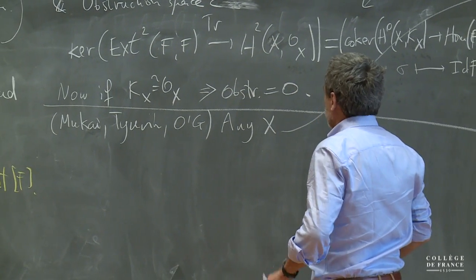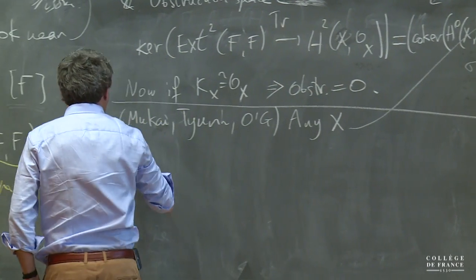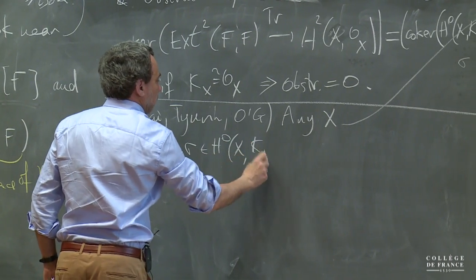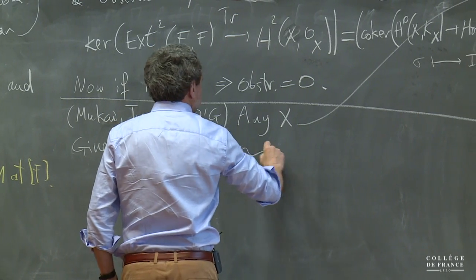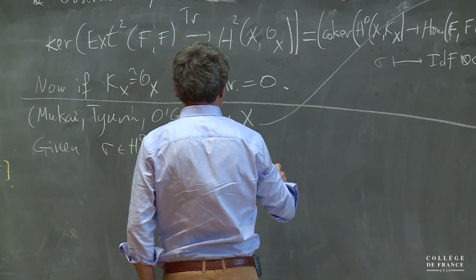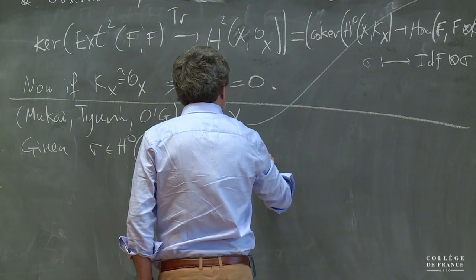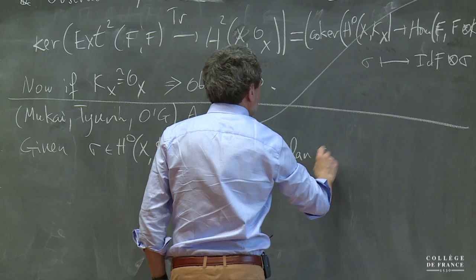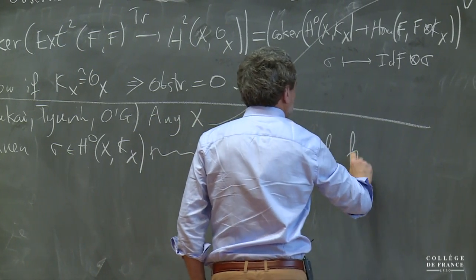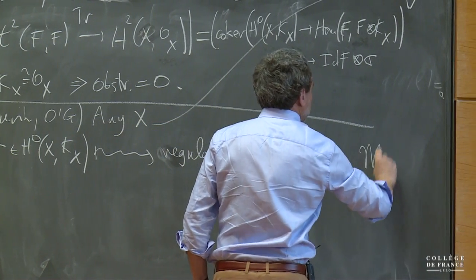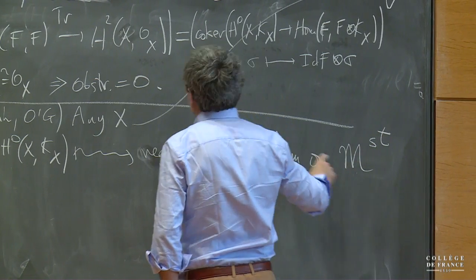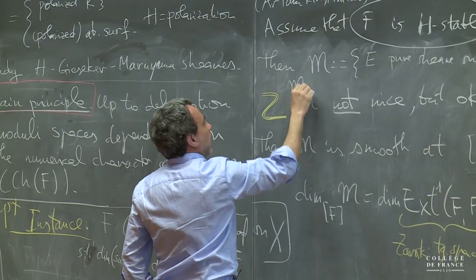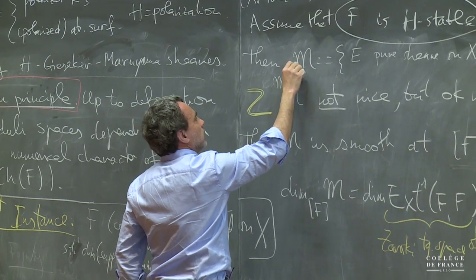Given a section of the canonical, one gets a symplectic, regular symplectic form on, let me be vague, so I'll put S. I'll come to you, Claire.